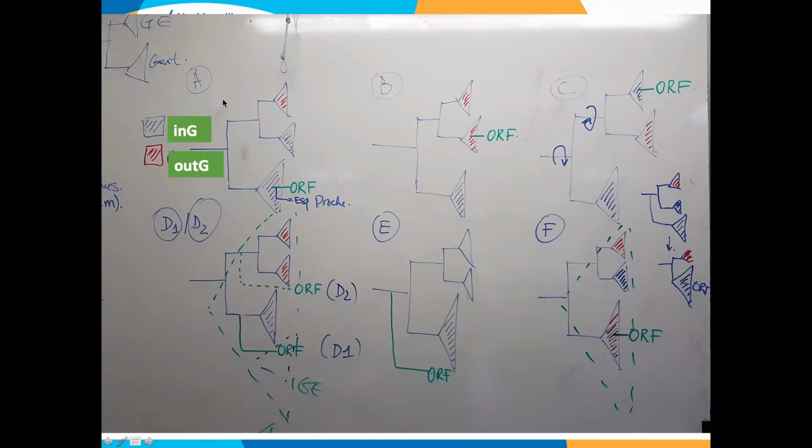So the topology is drawn, and then I look where your open reading frame, your ORF, is. As you can see, it's inside one of the monophyletic groups from the in group.